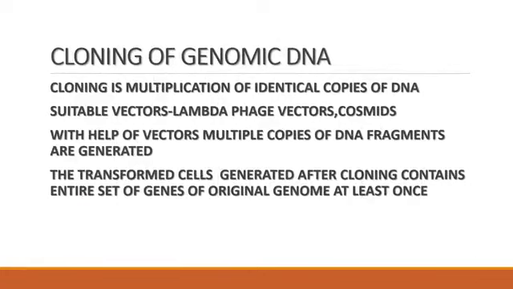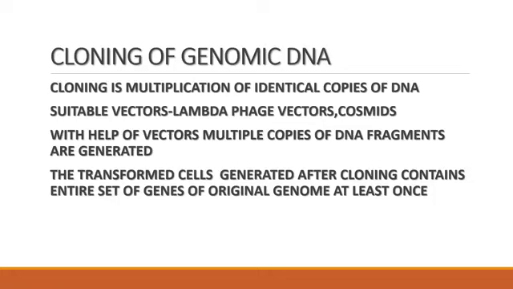Now, for cloning, we need vectors like lambda phage vectors or cosmids. So what we will do, we will cut the DNA of lambda phage vectors or cosmids with the help of restriction enzyme, and we will add the DNA which we have fragmented from the isolated whole DNA, so pieces of DNA have been created.